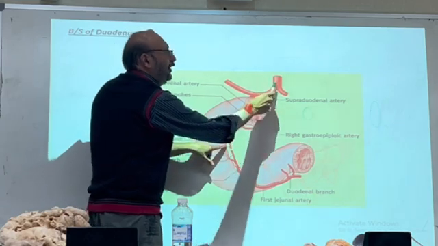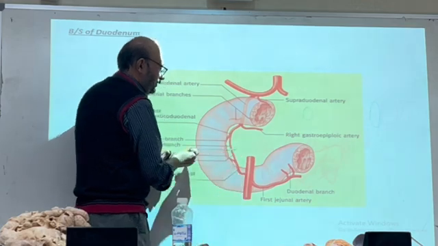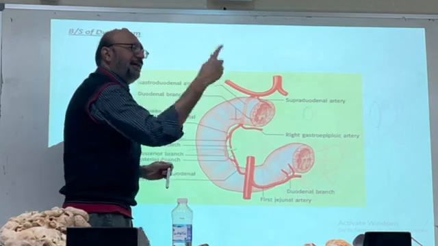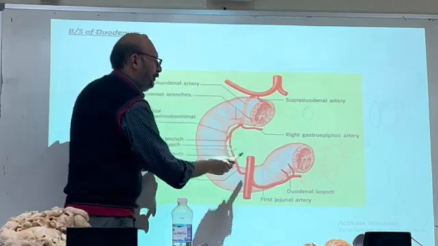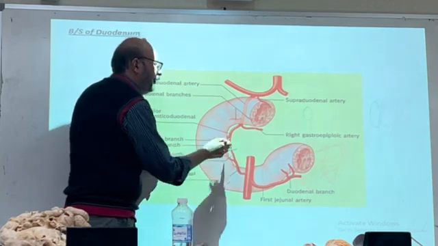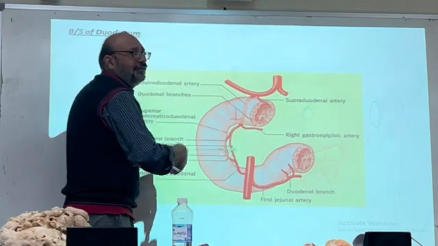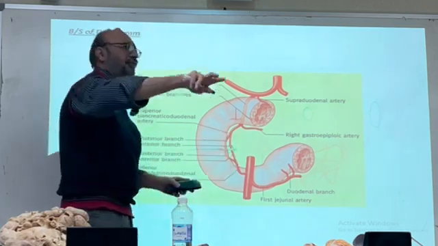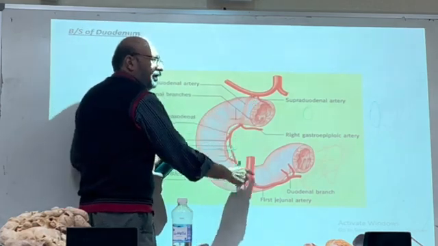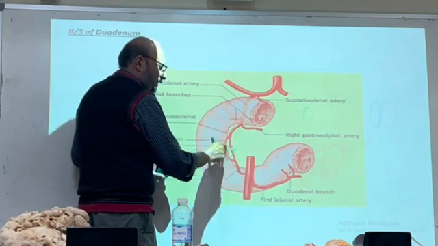Because this celiac trunk is supplying the foregut, and the foregut finishes here. Understand? So we should have an artery from the midgut, the superior mesenteric artery, and it will give you the inferior pancreaticoduodenal. Of course, they will anastomose inside or outside, and this completes the blood supply from two sources, the foregut and midgut, celiac trunk and superior mesenteric with their branches.